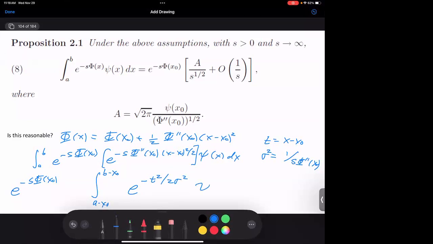I've got my c of x. So this is now going to be, I guess, x naught plus t dt. Now, if I have a Gaussian with variance sigma squared, what's the normalization constant?